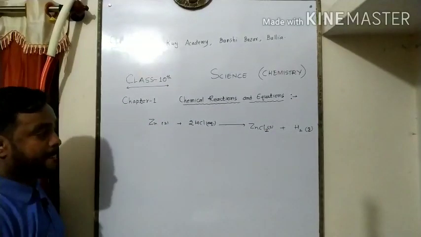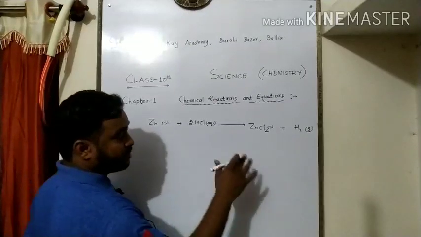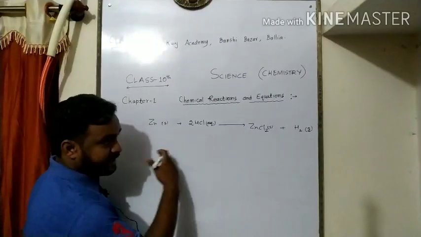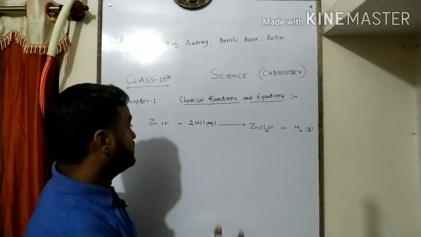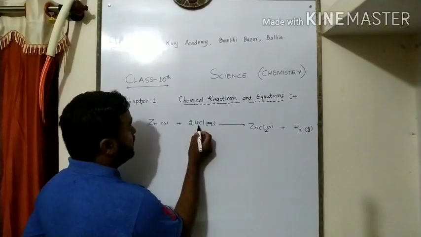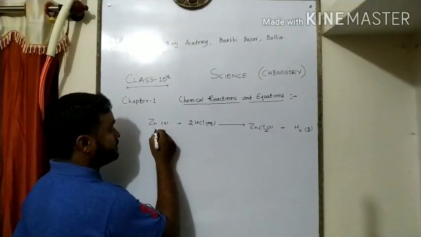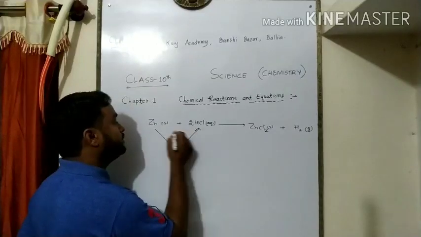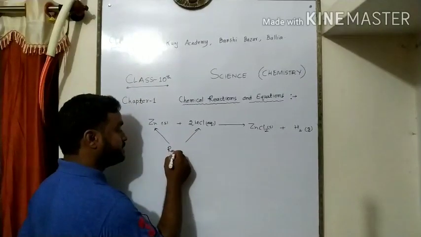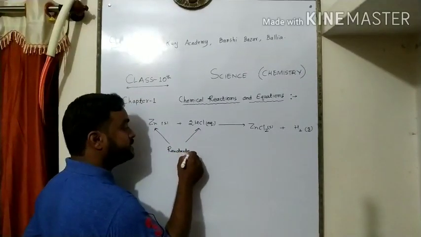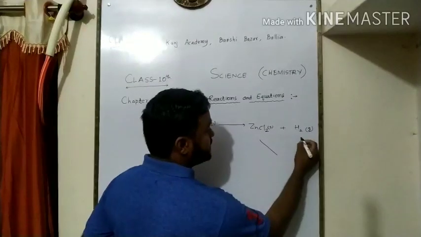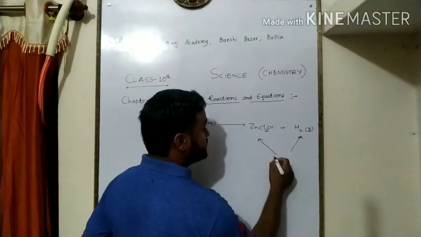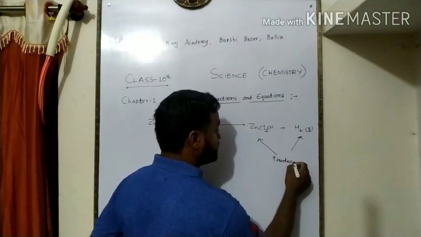So basically this is a balanced equation. We will see later on how to balance chemical reactions. So what are the reactants over here? Zinc and hydrogen chloride are the reactants. And ZnCl2 and hydrogen are the products.